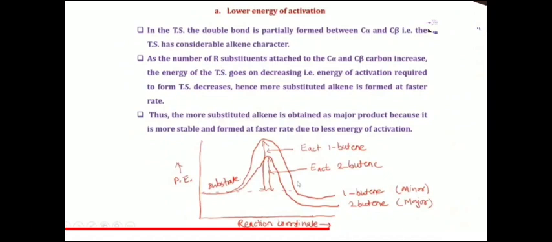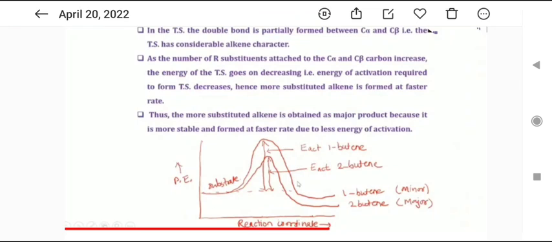As the number of R substituents attached to the C alpha and C beta carbons increases, the energy of the transition state decreases. That is, the energy of activation required to form the transition state decreases. Hence, the more substituted alkene is formed at a faster rate. Thus the more substituted alkene is obtained as the major product because it is more stable and formed at a faster rate due to less energy of activation.